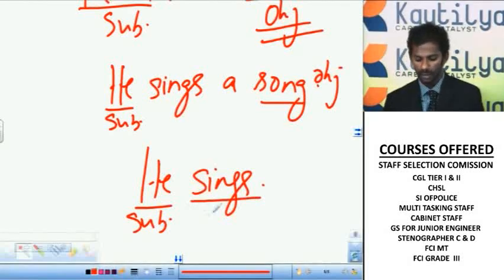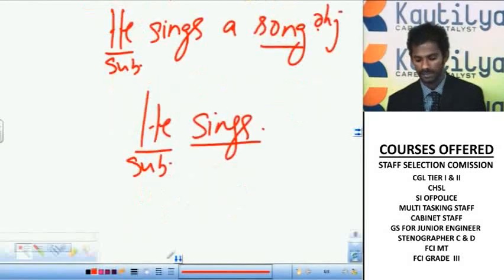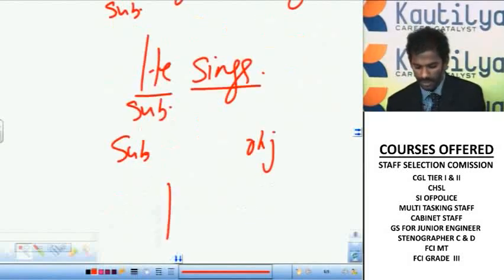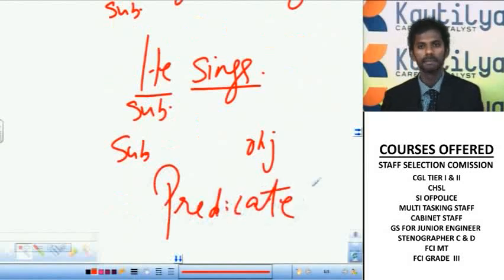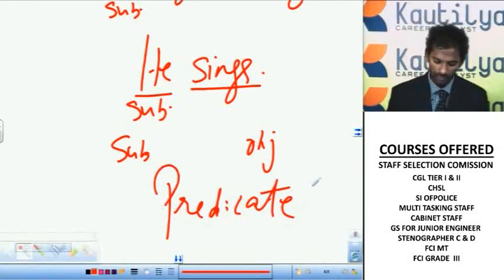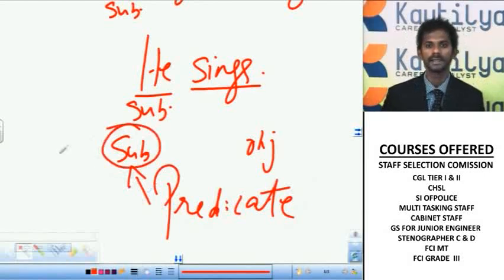Now we are discussing what a clause is. You know what a subject is and you know what an object is. Right. Now what do you mean by a predicate? In a sentence, what is said about the subject is termed as a predicate.